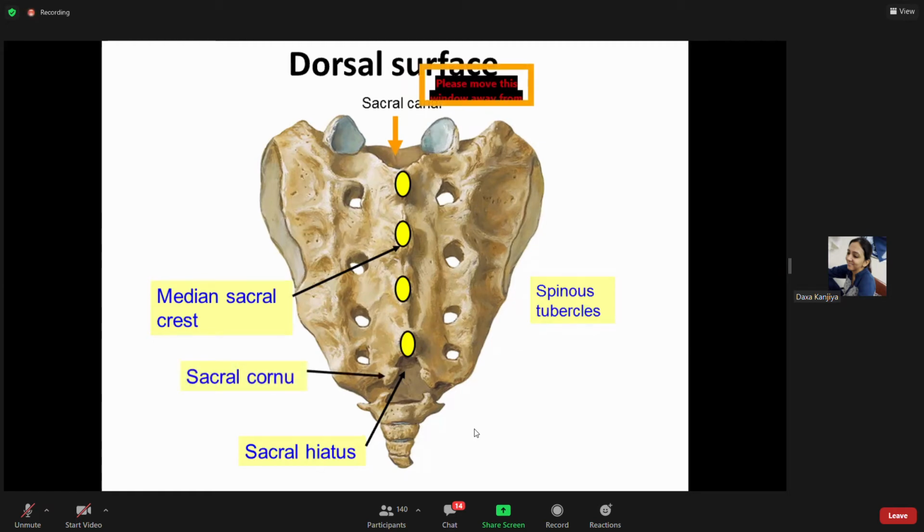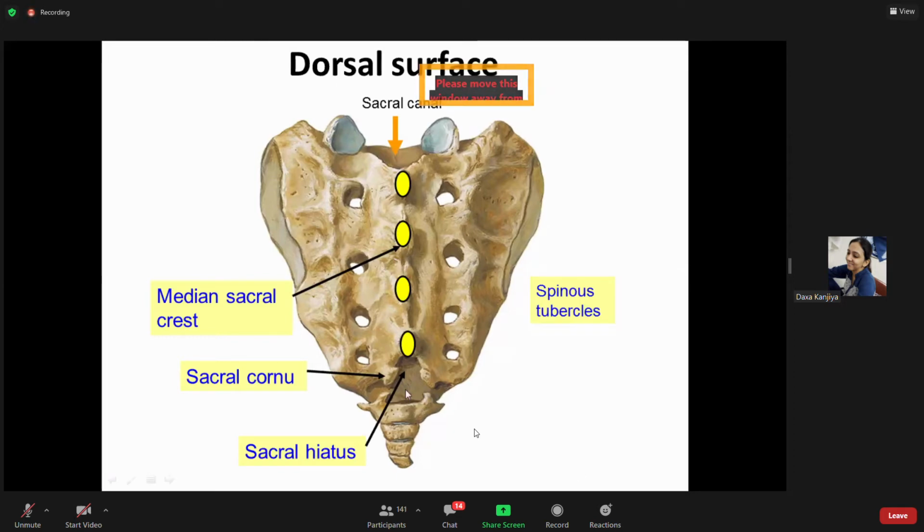Now on either side of the sacral hiatus, just below the level of the superior articular process, see, this is the superior articular process of the first sacral vertebra. In line with the superior articular process, on either side of the sacral hiatus, there are 2 tubercles, and these are known as the sacral cornua. So what do they represent? The sacral cornua represent the inferior articular processes of the fifth sacral vertebra, which do not fuse with the coccyx.